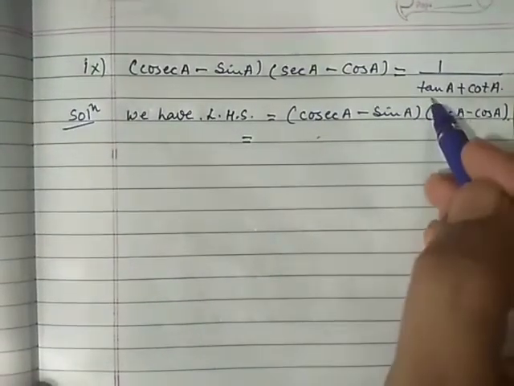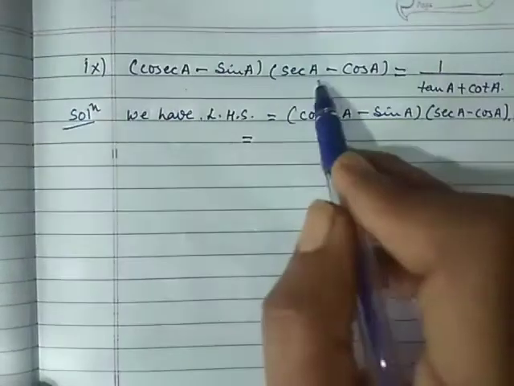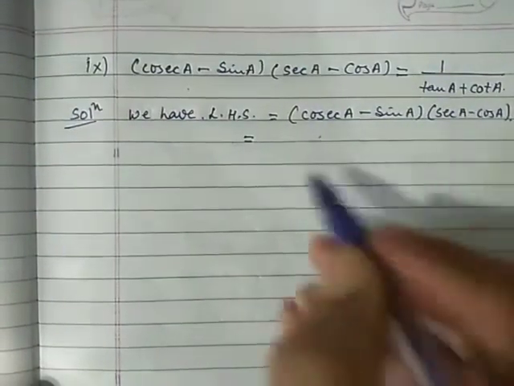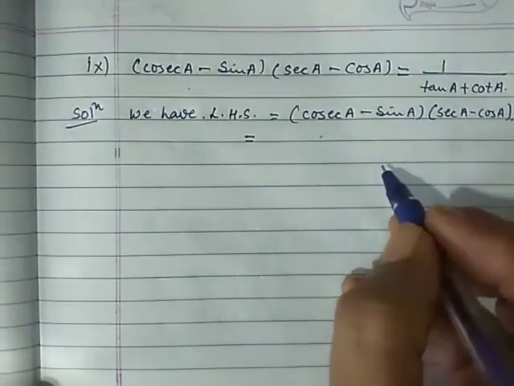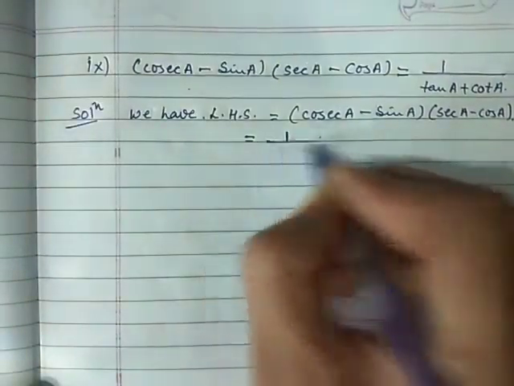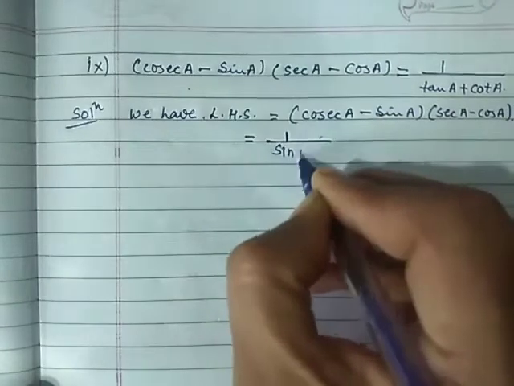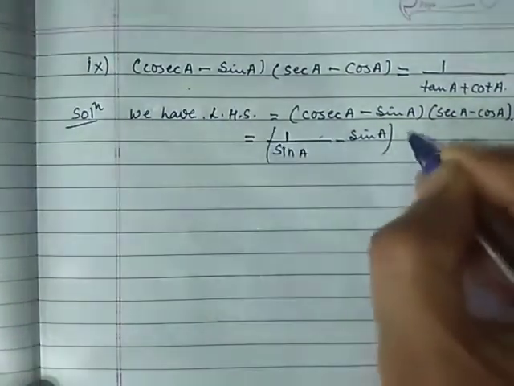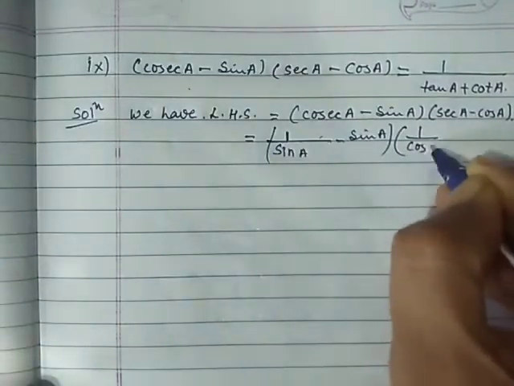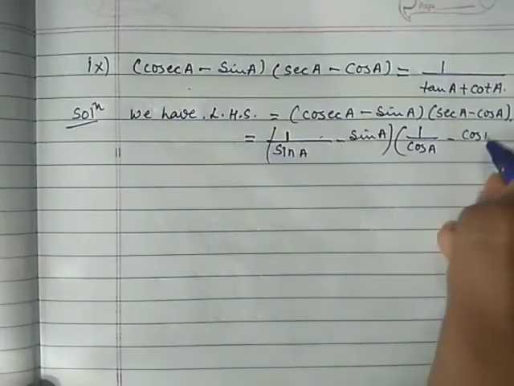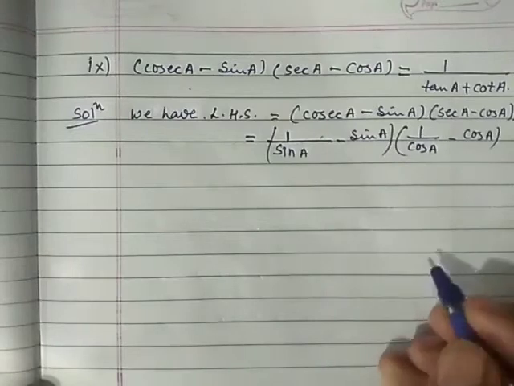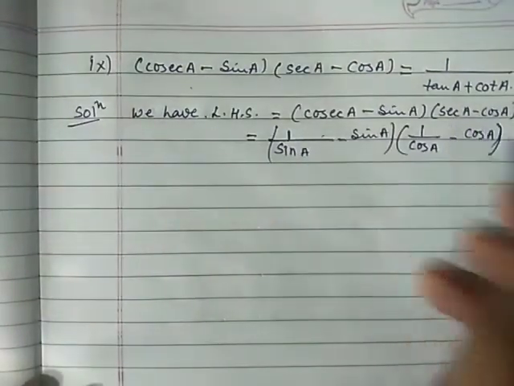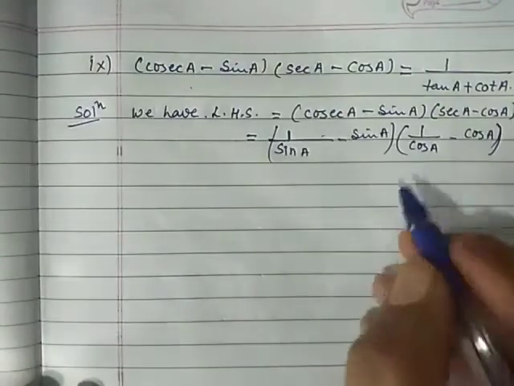Okay, so from cosec, sin, sec and cos, we want tan and cot in the right hand side. So let's do it. First of all we'll convert this: 1 by sin A minus sin A and 1 by cos A minus cos A. We know that cosec and sec are reciprocals of sin and cos.